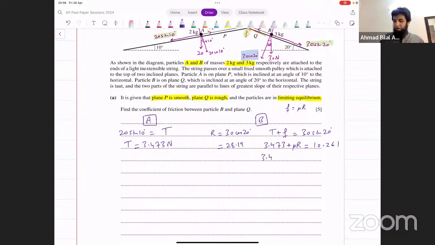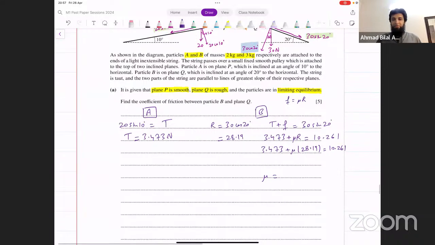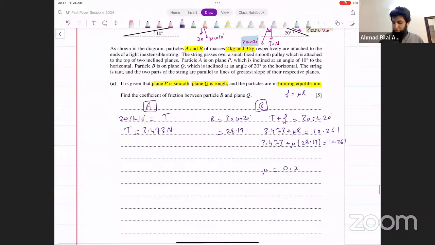Now let's input the value of R here as well. 3.473 plus mu into 28.19, that equals 10.261. And you can get the value of mu from this and see what that turns out to be. 10.261 minus 3.473 divided by 28.19. And that is giving me 0.2408.